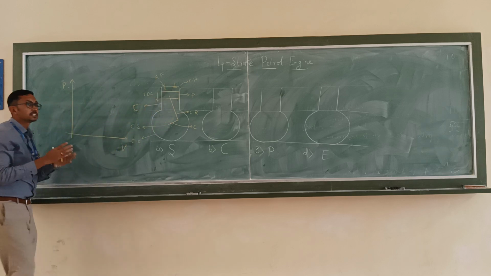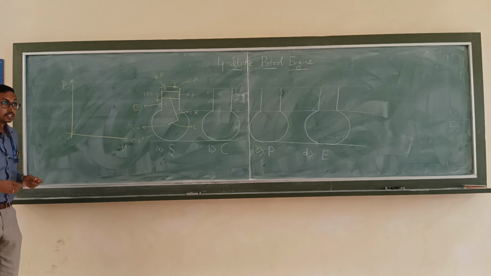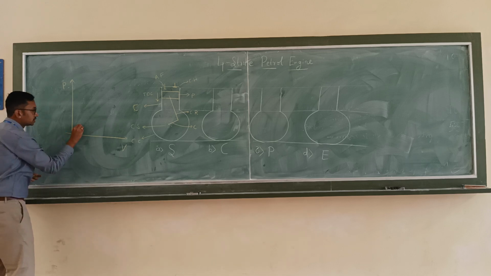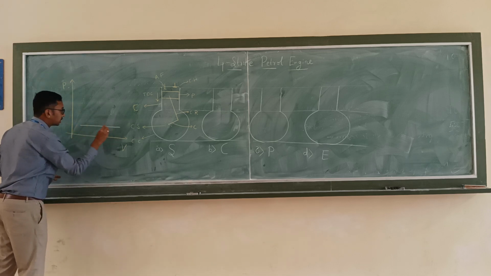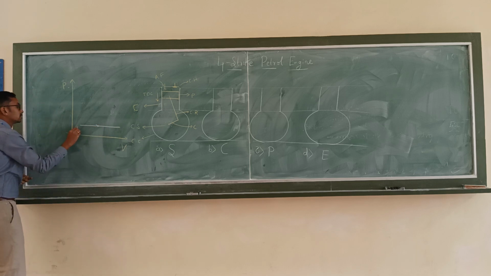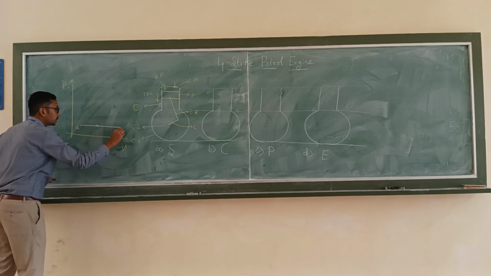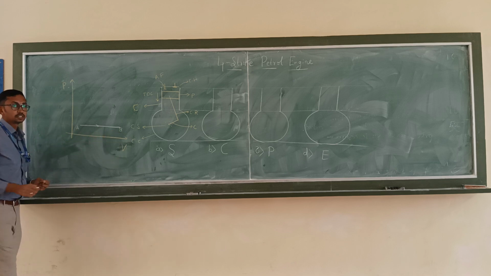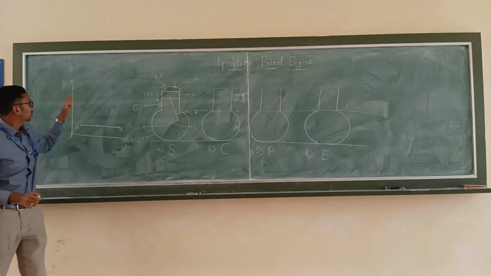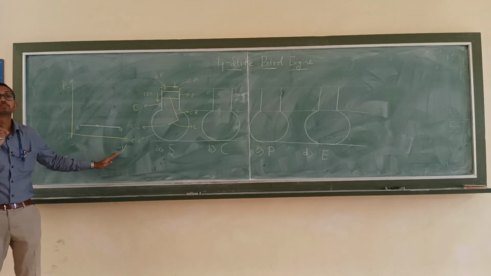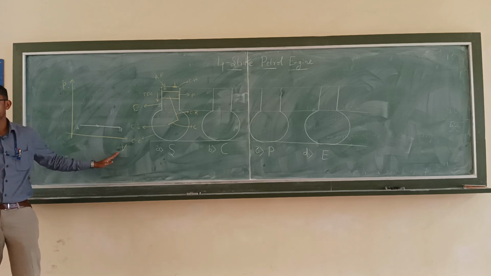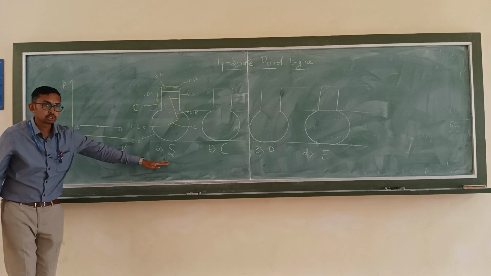The volume of the cylinder is increasing or decreasing? Increasing. The pressure remains the same. So A to B represents the suction stroke in the pressure and volume diagram. Is it clear? I'll repeat once again.